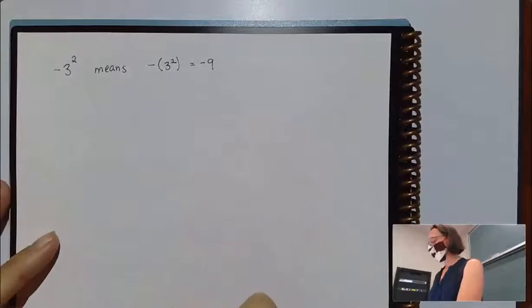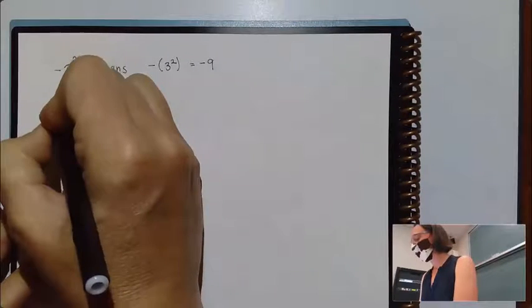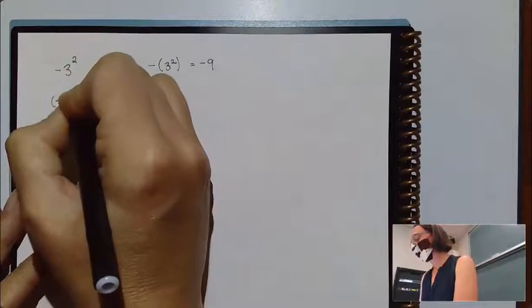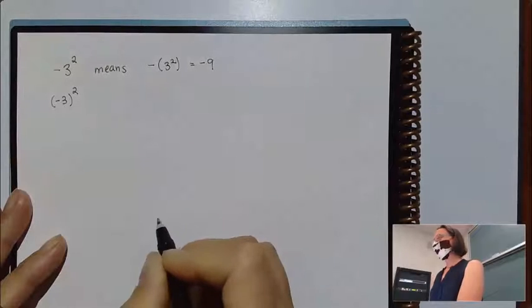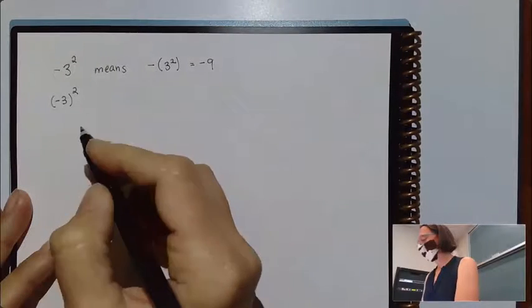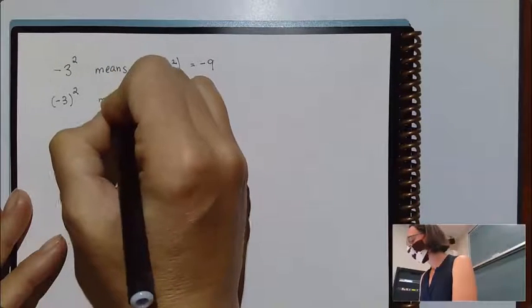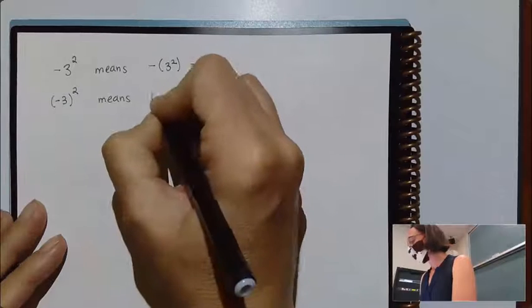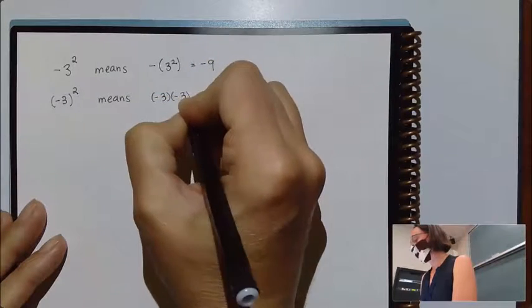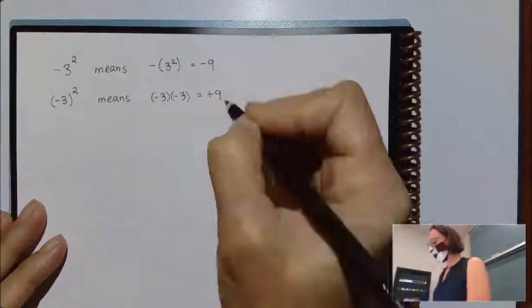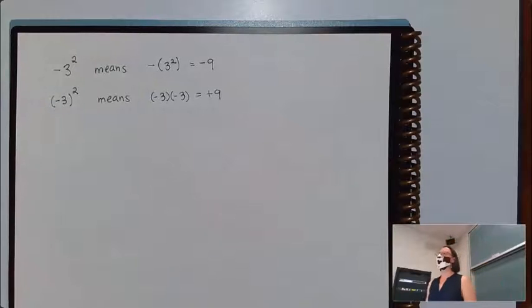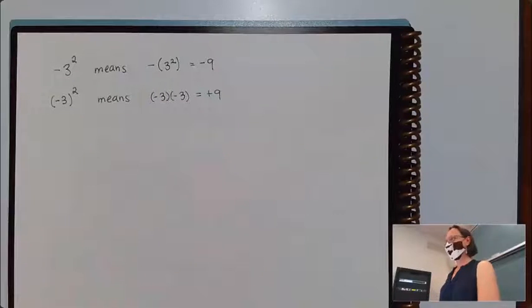If I want it to mean something else, I would need to put parentheses around that -3. So if I have parentheses around the -3, this means that I have -3 times -3, which is equal to +9. So just something to look out for. It's not exactly an exponent rule, but it is a notation thing that we should be aware of.